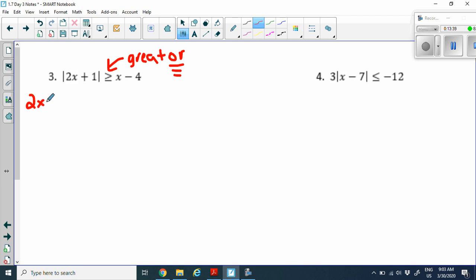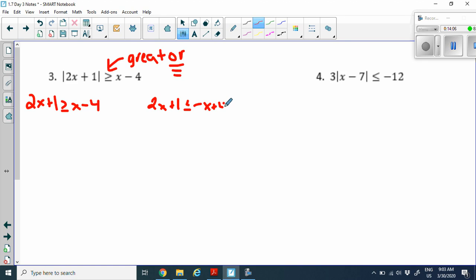Okay, so let's go ahead and set up our two inequalities. We have 2x plus 1, which is greater than x minus 4. Or we could have 2x plus 1, which is less than or equal to. Now, don't forget, because we have multiple phrases, we have to change the signs of both. So that means my x becomes negative and my 4 becomes positive.